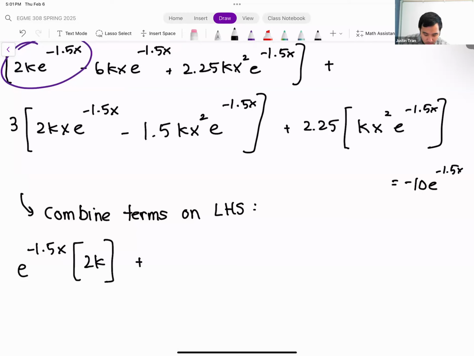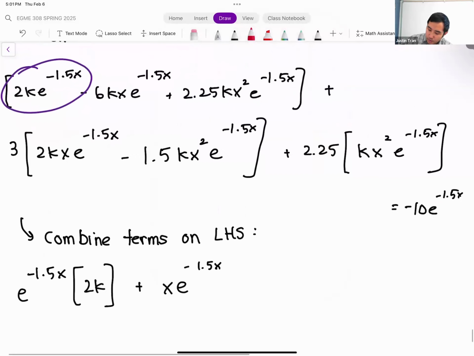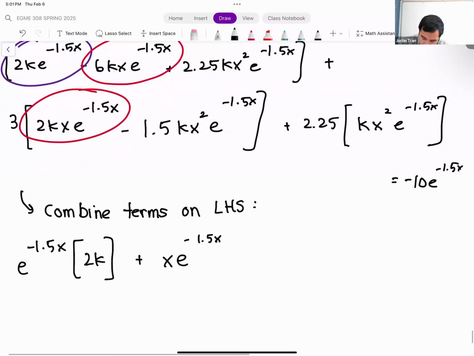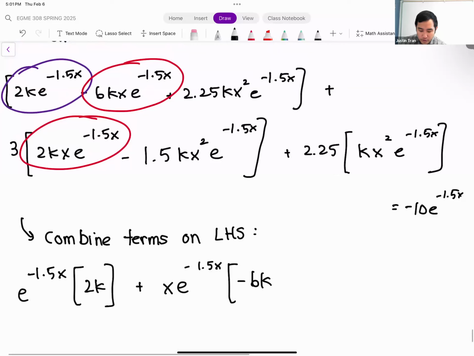Good. Next, let's find all the terms that are x e to the minus 1.5x. We have this one here, and this one here, and that is it. So first we have minus 6k from the first term.